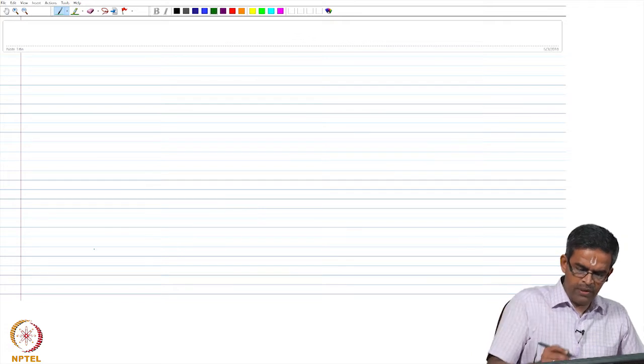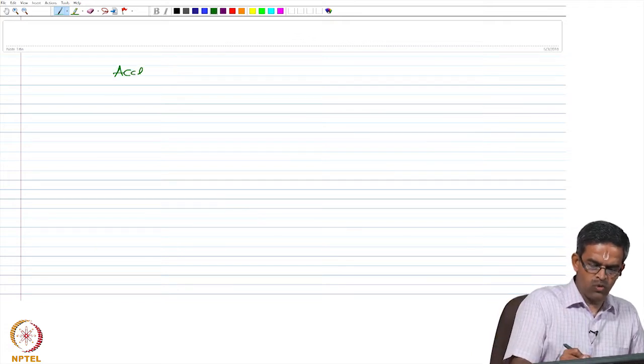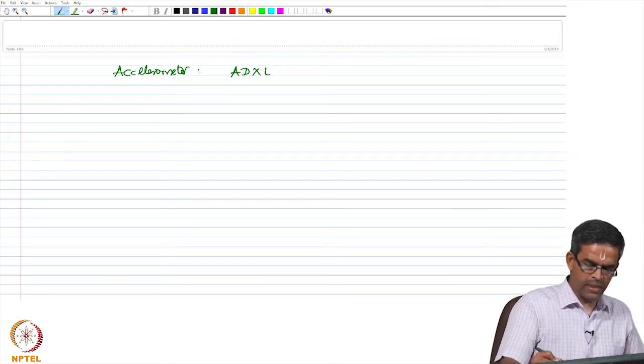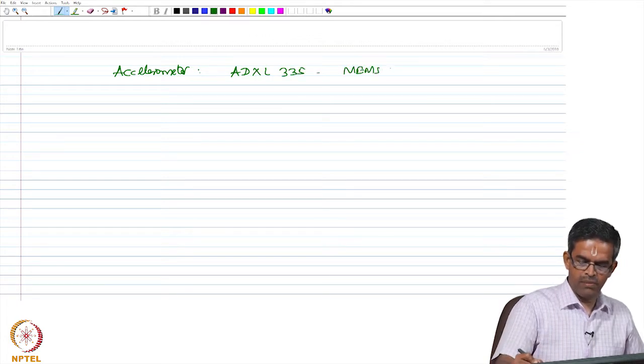Adding one more point, the accelerometer used in the study is ADXL 335, which is MEMS technology based.